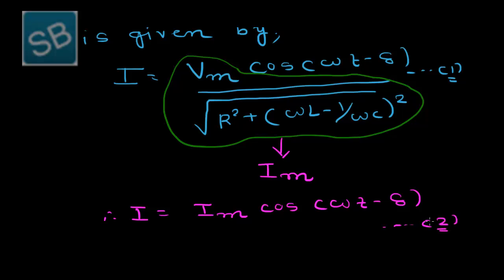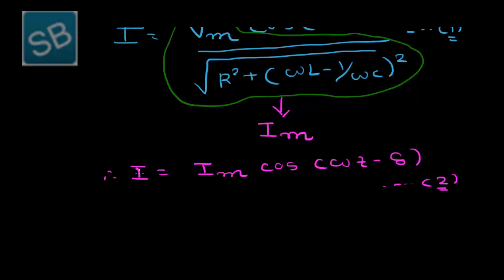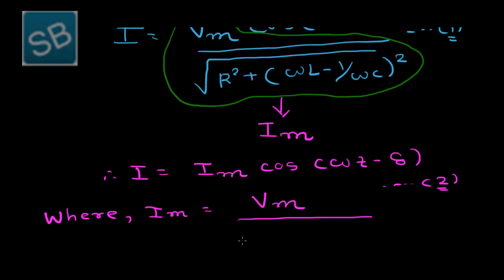This is the reduced form of equation 1, and here the value of Im is equal to Vm over under root of R square plus (omega L minus 1 over omega C) whole square.